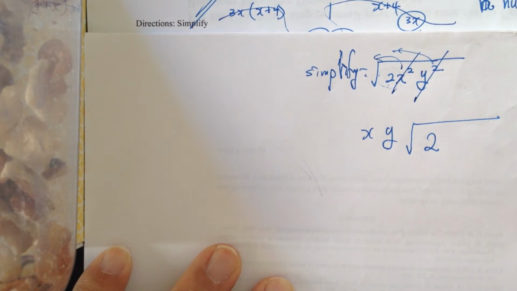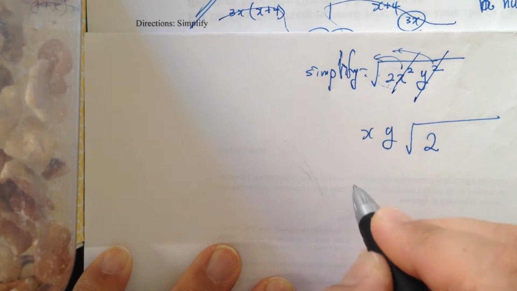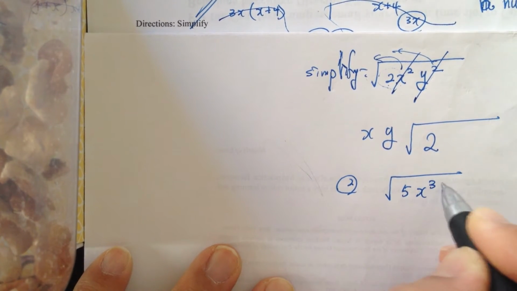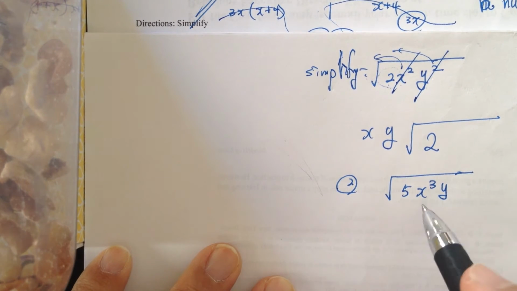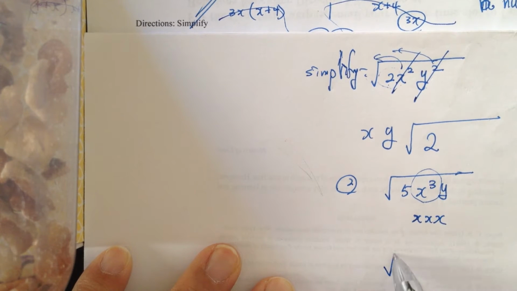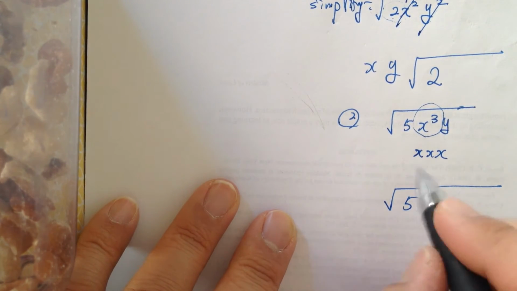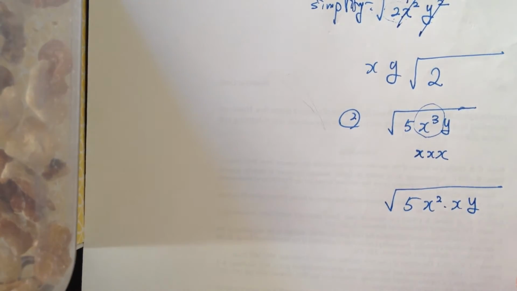Okay, now the challenge here is, so here's another one. What if we have 5x cubed y? Well, first of all, I know x cubed is really xxx, such that we could rewrite it as x squared times xy.